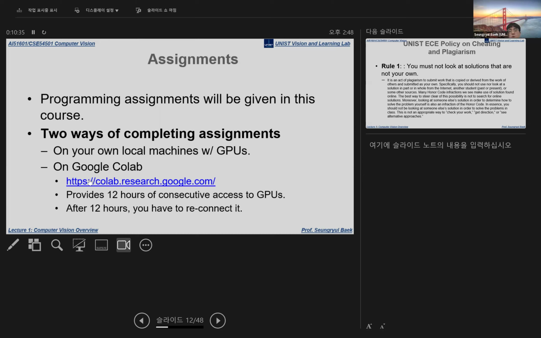If you follow this link, colab.research.google.com, Google provides free access to their GPU resources. It provides 12 hours of consecutive access to GPUs for free, and after 12 hours, you have to reconnect.